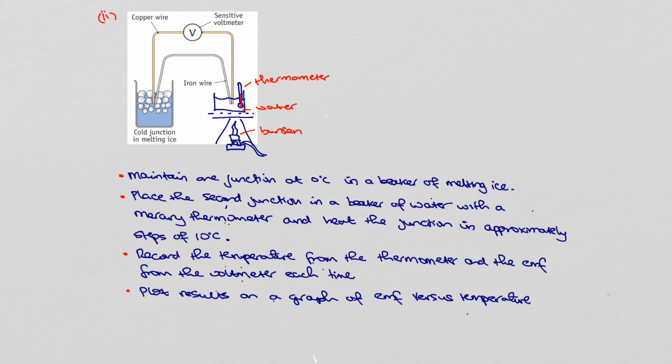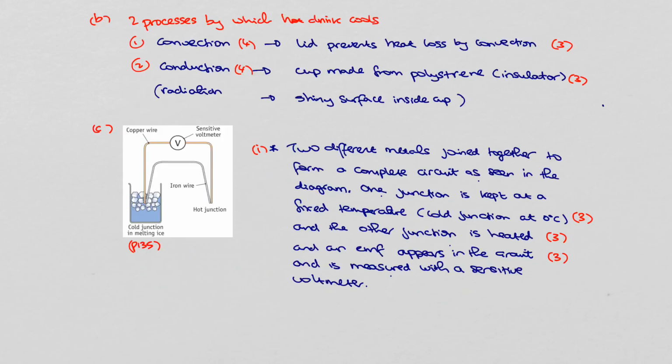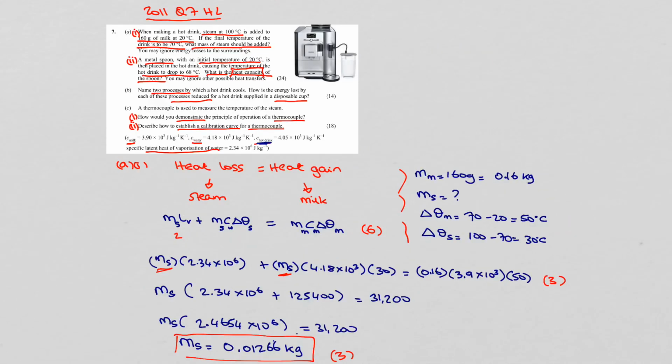So we have 3 marks for talking about our hot and our cold junction, 3 marks for talking about heating the water and noting the temperature and the EMF each time, and 3 marks for referring to how we were going to plot that calibration curve. Okay, so this was a full question, a full 56 marks. So you'd be spending just over 25 minutes on this kind of question.